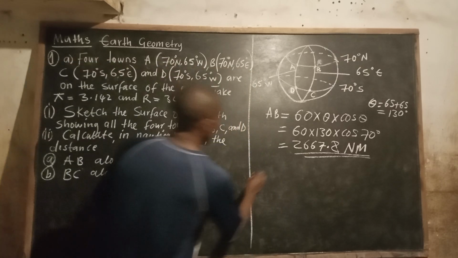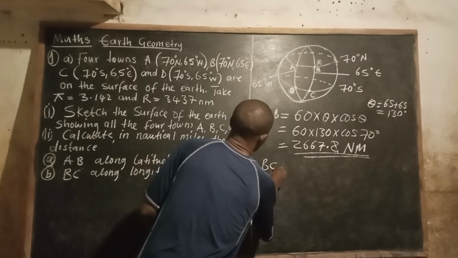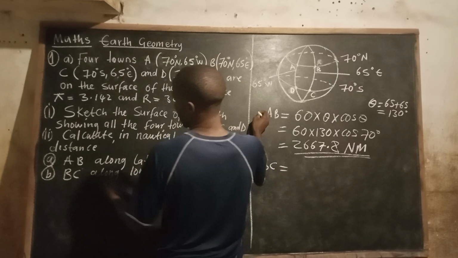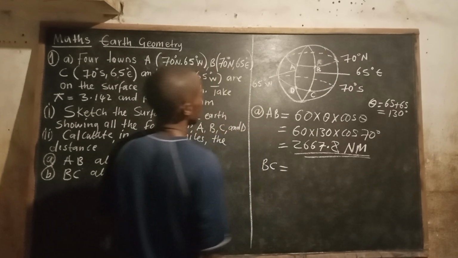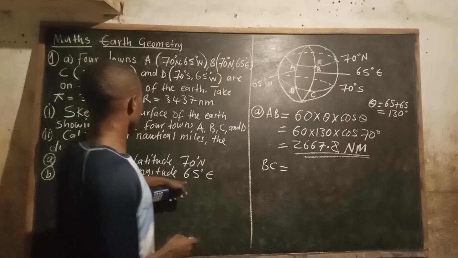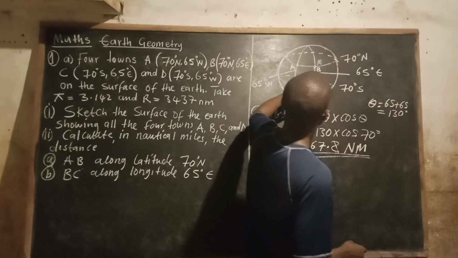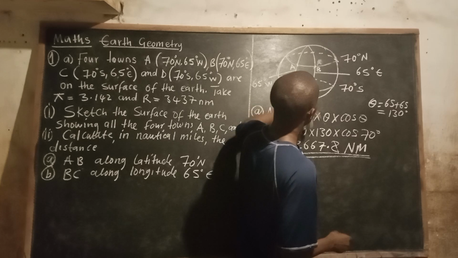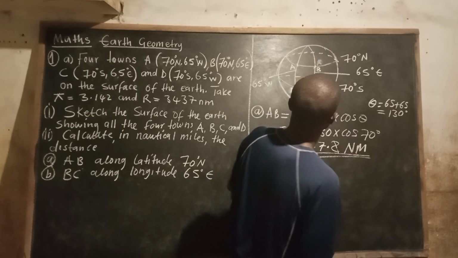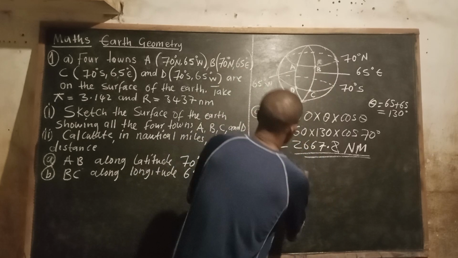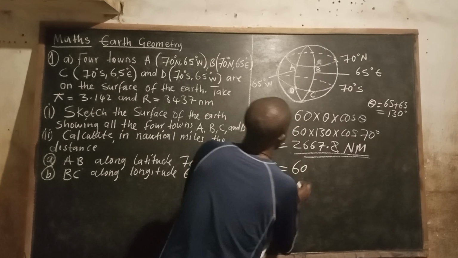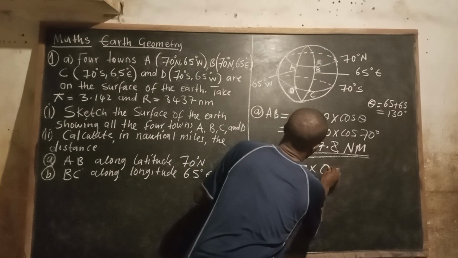Then we come to BC, along longitude 65. So along this longitude, let us calculate first of all the theta. Let me introduce the formula, times theta.